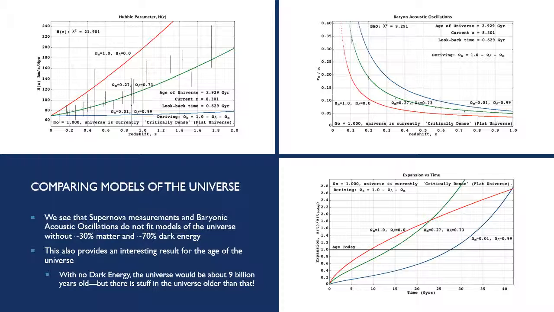Another interesting thing is that the universe without dark energy would actually be about 9 billion years old. Here's an example of that here, where you have the age today, and the universe would only be 9 billion years old if there was no such thing as dark energy.